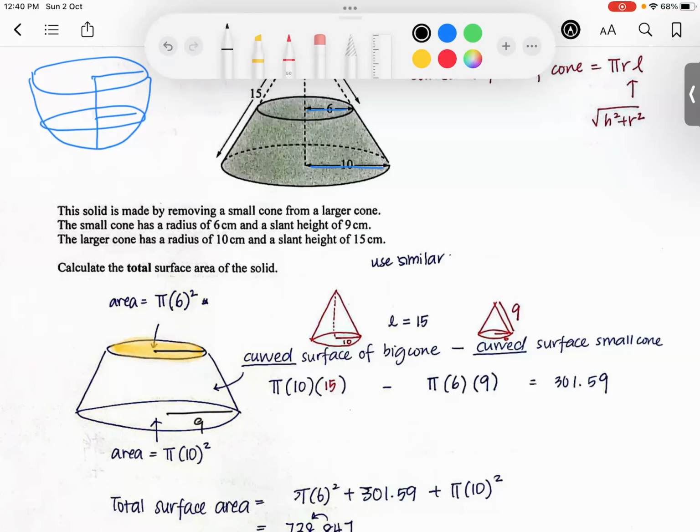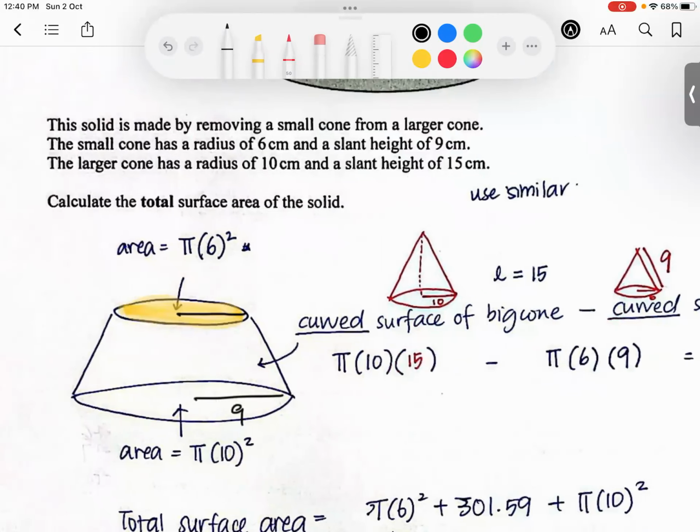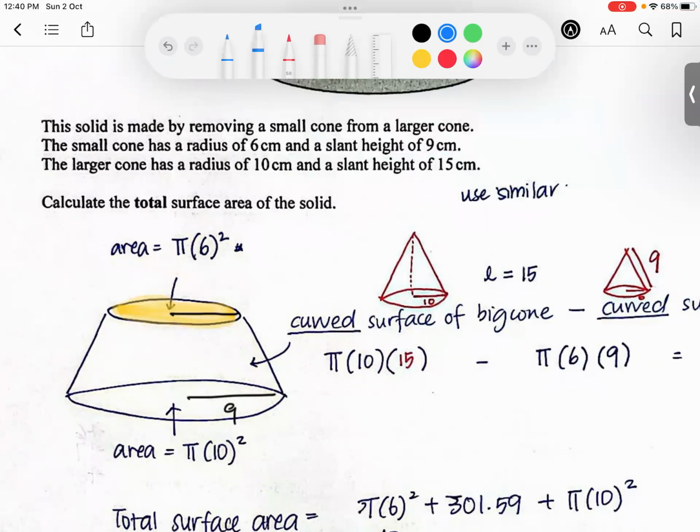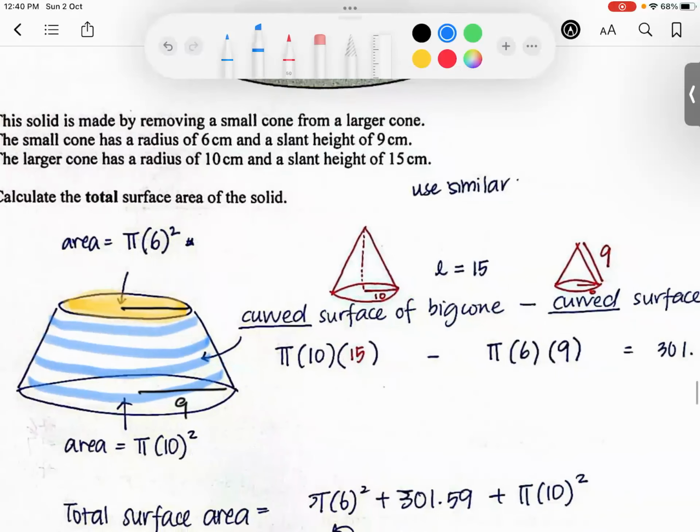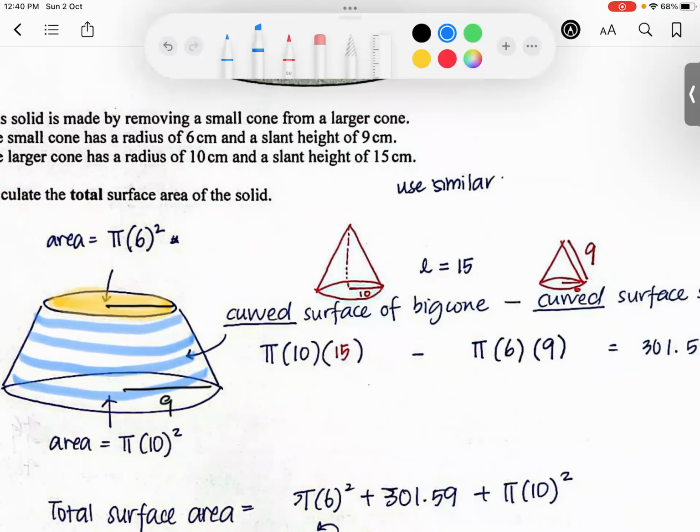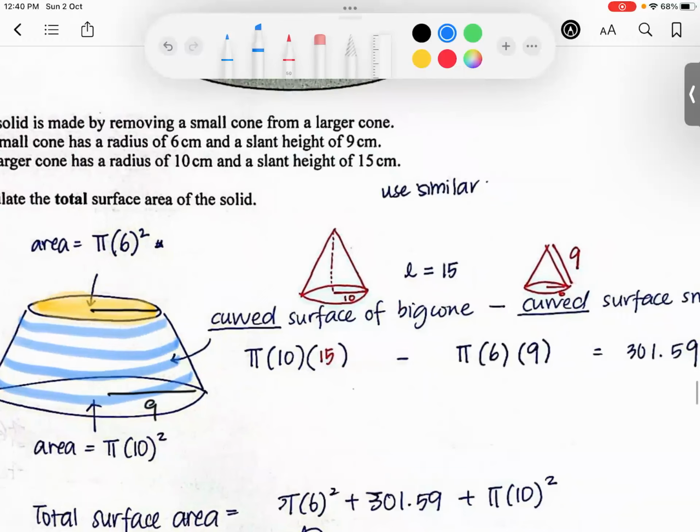Then the problem comes with how do we find the curved surface area? This curved surface area is the curved surface of the big cone. Curved surface only, not the total surface area of the whole cone. The curved surface of the whole cone, I cut away the curved surface of the smaller cone.